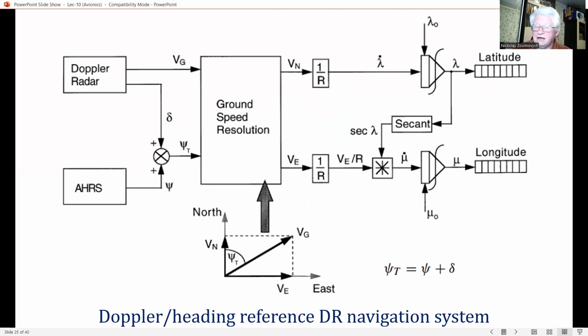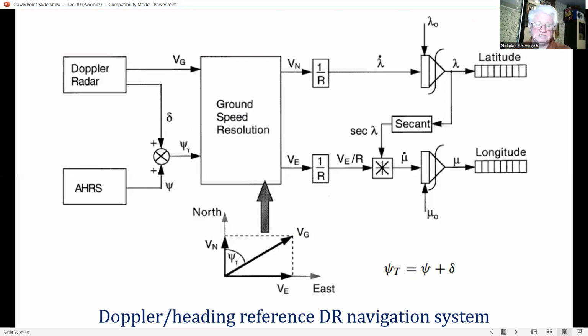Okay? So, the basic computational processes in a DR navigation system using a Doppler or heading reference system are shown in this slide. In the case of a Doppler or heading reference system, the ground speed v sub g and drift angle delta are measured directly by the Doppler radar velocity sensor system.